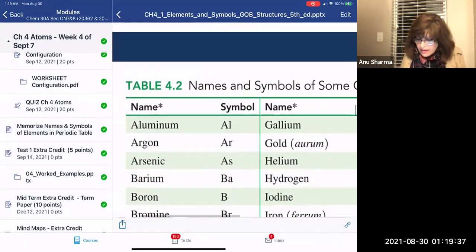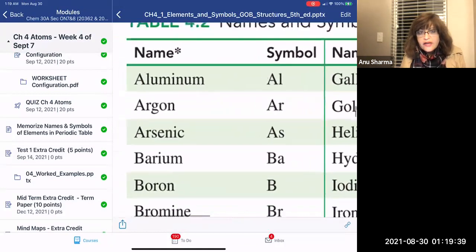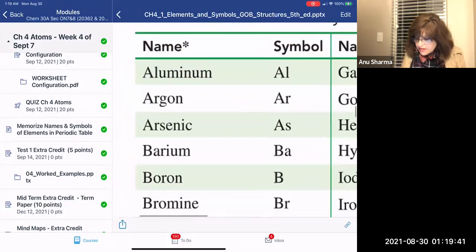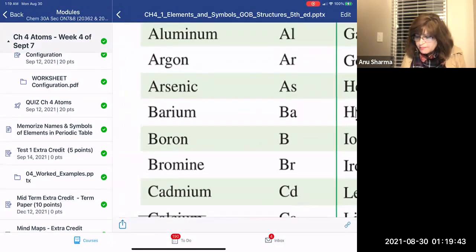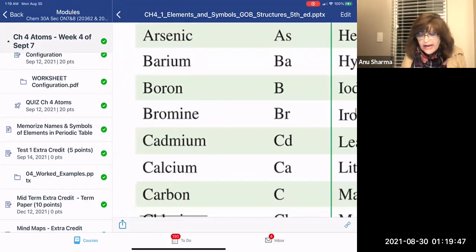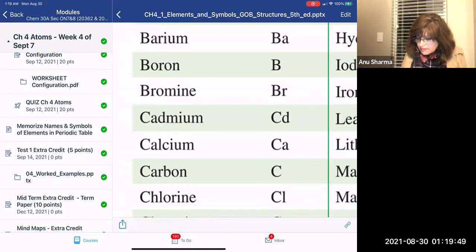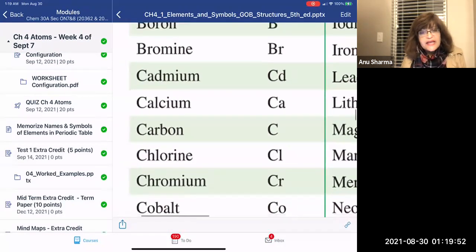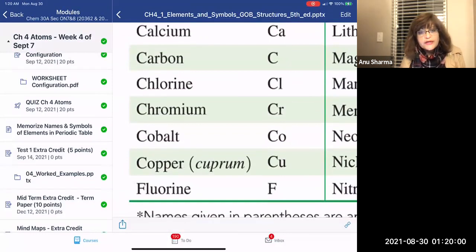Aluminum is Al, argon is Ar, arsenic is As, barium is Ba, boron is B, bromine is Br, cadmium is Cd, calcium is Ca, carbon is C, chlorine is Cl, chromium is Cr, cobalt is Co, copper is Cu.